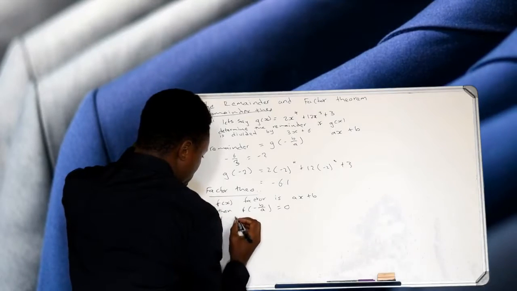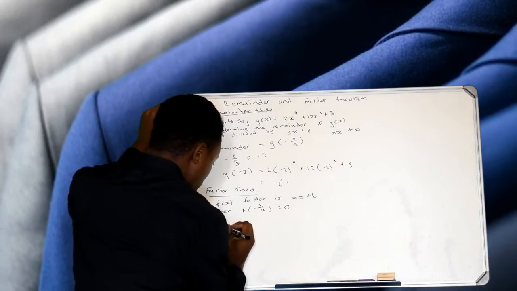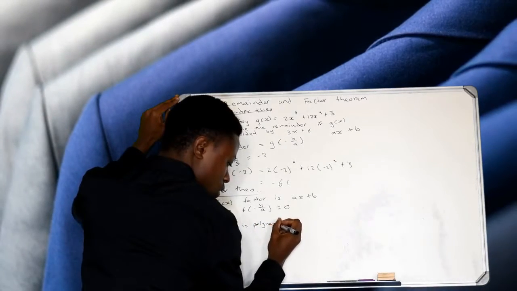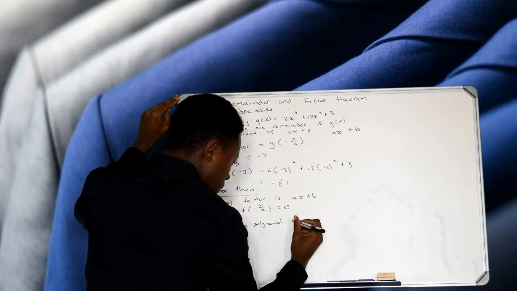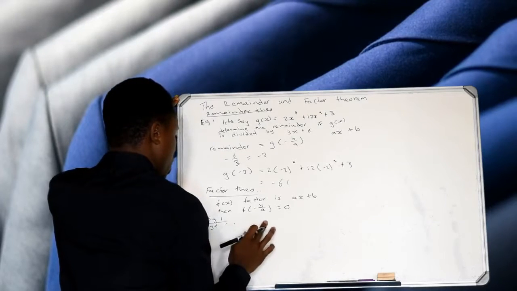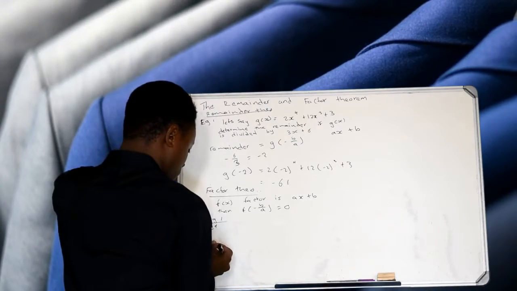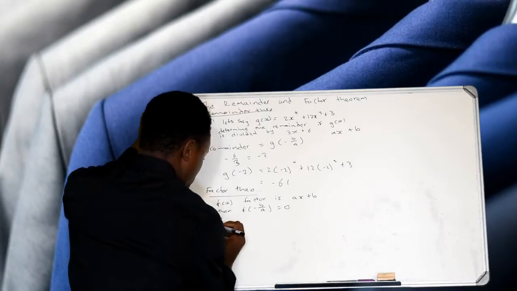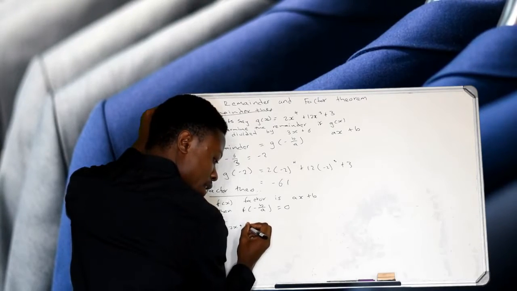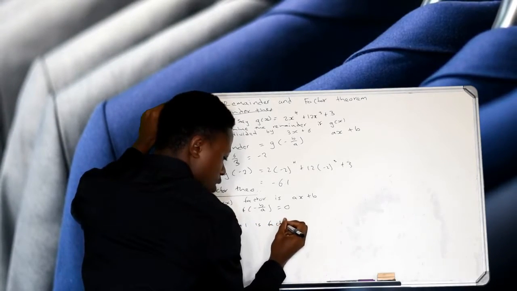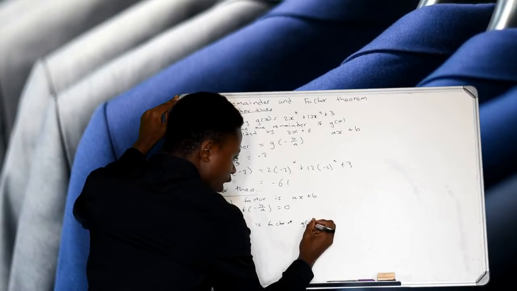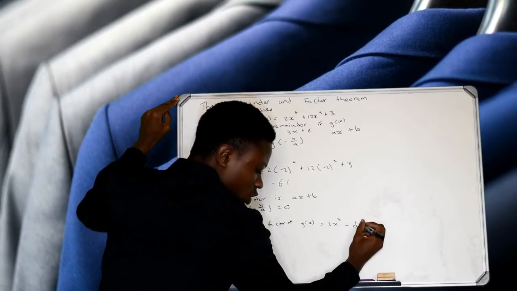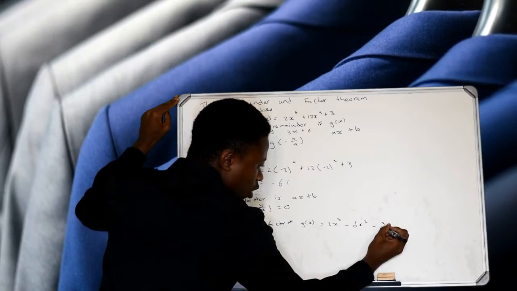Example 1: if 2x plus 1 is a factor of g of x, which is equal to 2x cubed minus d of x squared minus 3 over 4.